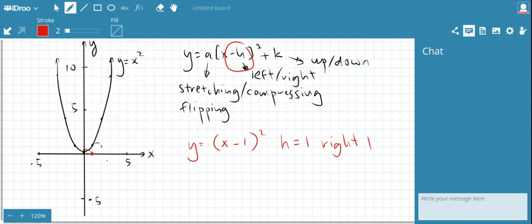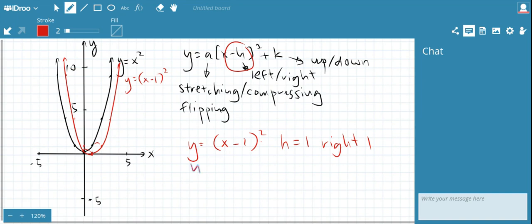I'm just moving everything over to the right by 1. Then I would connect my dots in a curvy and attractive manner as much as possible. It's really difficult with my tablet. I can label that y equals x minus 1 squared. That would be a left-right translation.